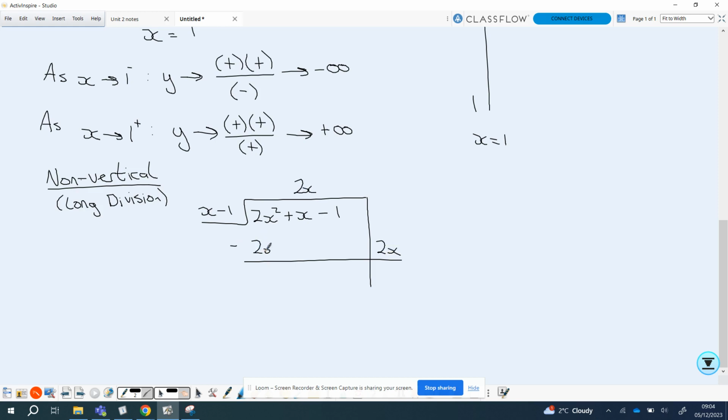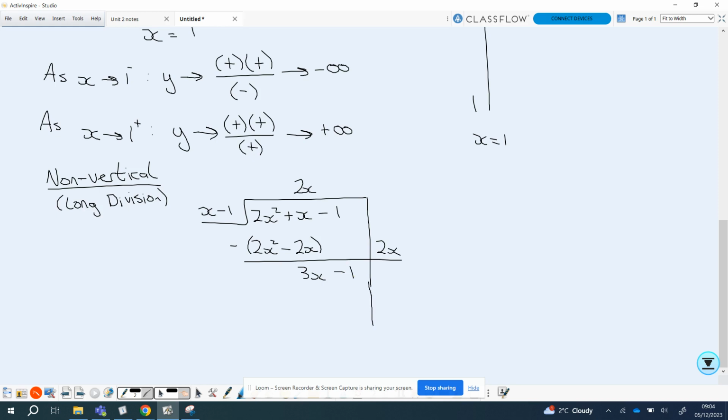So I'm subtracting 2x squared minus 2x. The 2x squares cancel, x minus negative 2x gives me 3x there, and negative 1, subtracting off, we're still left with negative 1. So that's the first step done.